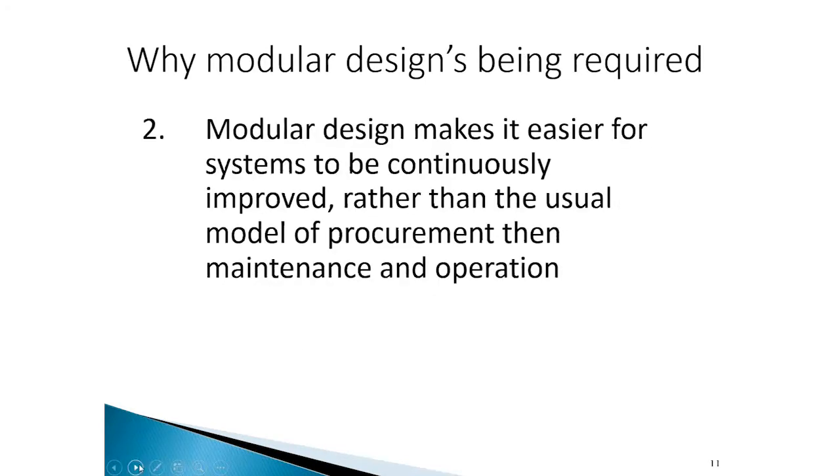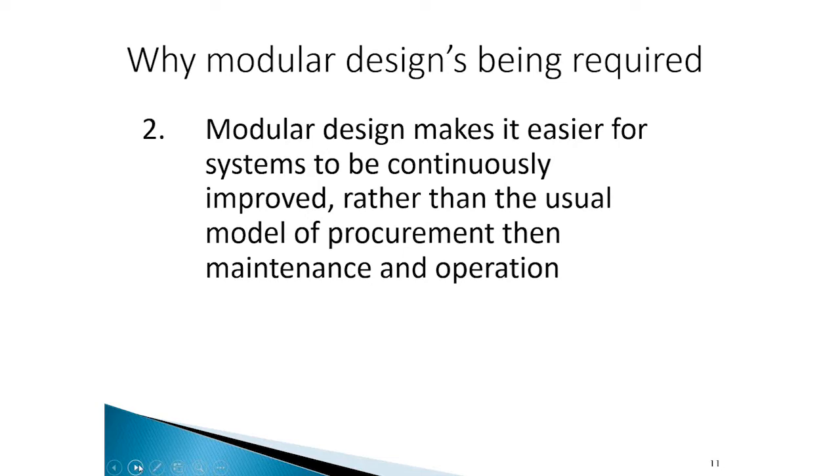Moving on to the second point, modular design makes it easier for systems to be continuously improved rather than the usual model of procurement and then maintenance and operation. So whilst I don't have a long background in government technology, I think what I have seen over the past 9 months, and especially what I've seen in terms of child welfare systems, is that the traditional or historical model of government technology procurement over the past 20 years has tended towards that of treating technology a bit like plant and machinery.